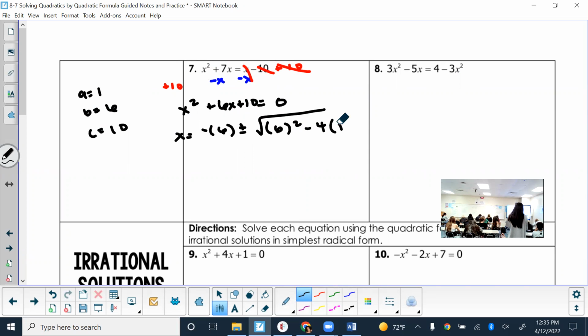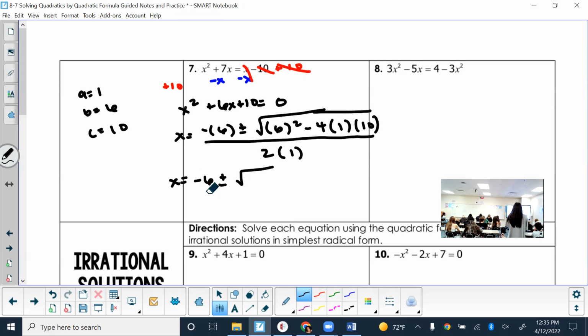So minus 4 times 1 times 10. All over 2 times A, which coincidentally A is also 1 again. Someone throw that discriminant in the calculator for me and tell me what you get.